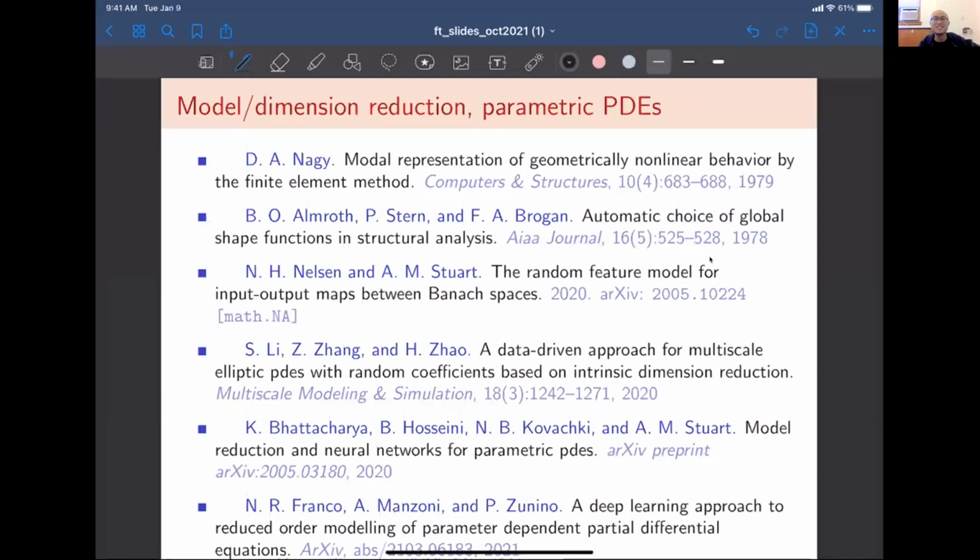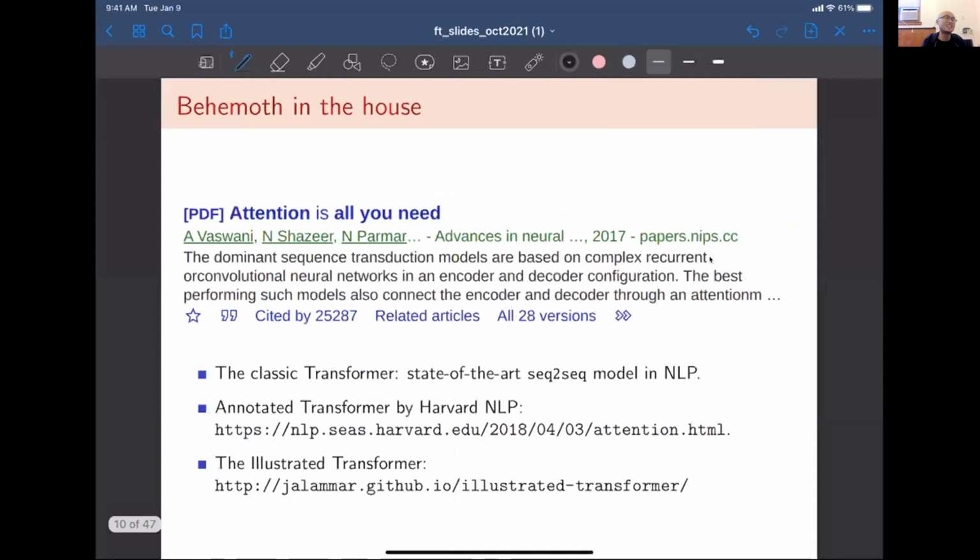However, like I said earlier, in the sequence to sequence community the biggest thing is the transformer. This paper is Attention is All You Need, from NeurIPS 2017.